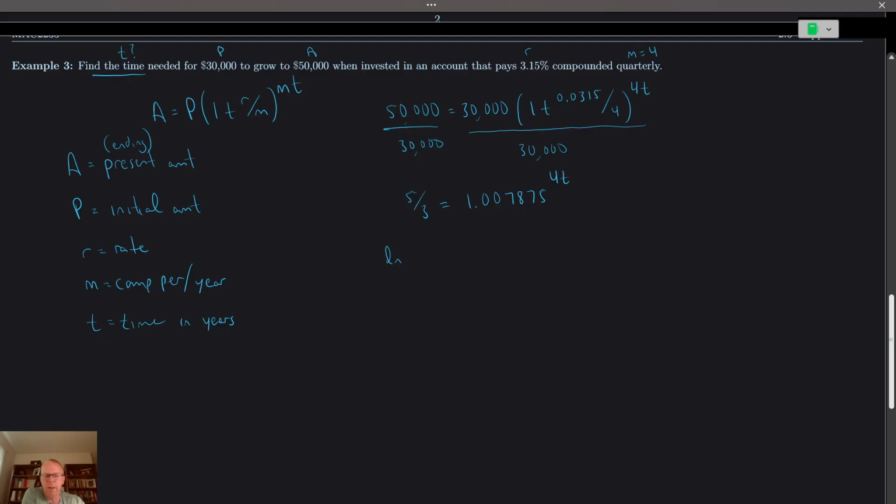So no big deal. So how do we solve that? We take the log on both sides. You can do ln or you can do log. Either way, it doesn't matter in this case. So ln of 5/3 equals ln of 1.007875 to the 4t. Then let's not put anything in the calculator yet. So let's use our log properties and bring this exponent in front.